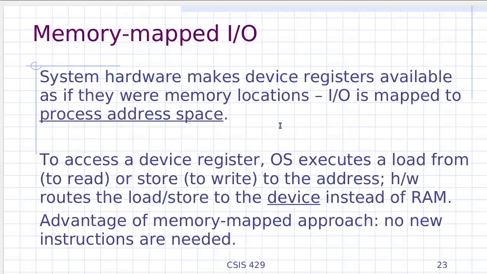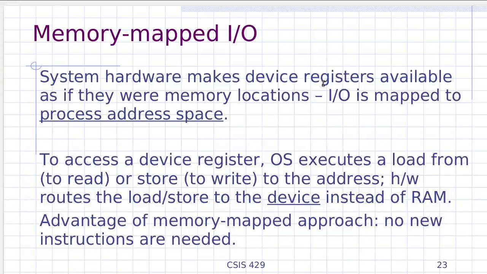An alternative to that is, rather than having specific instructions, you can use just memory reads and writes. That is, just pretend that you're writing to memory, but it's actually a device. And that's called memory mapped I/O. So you can make the hardware of the entire system have these device registers.